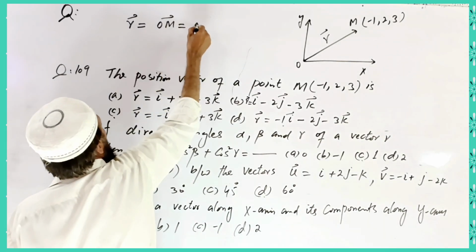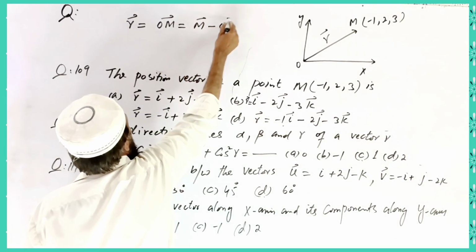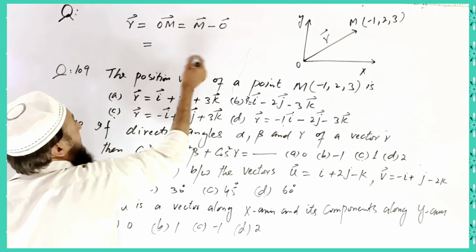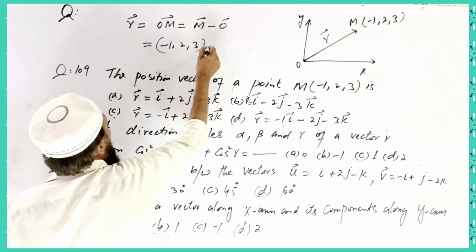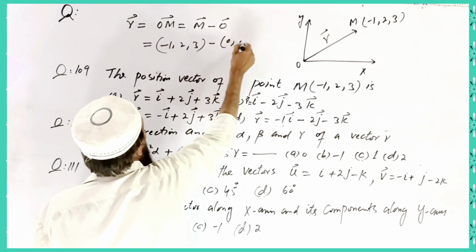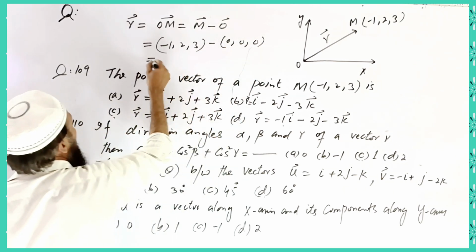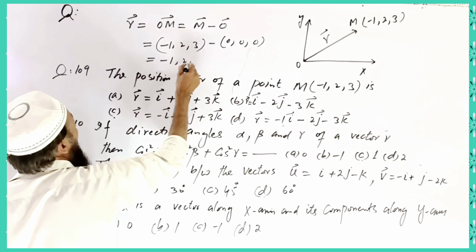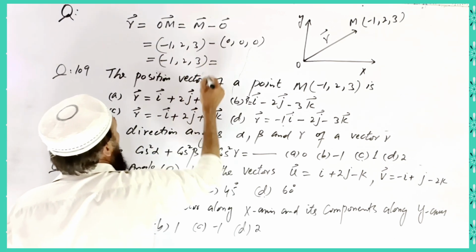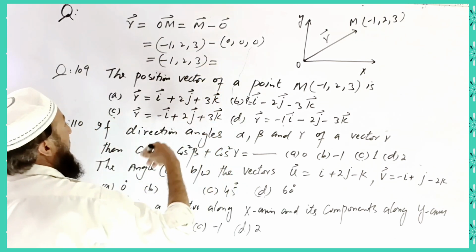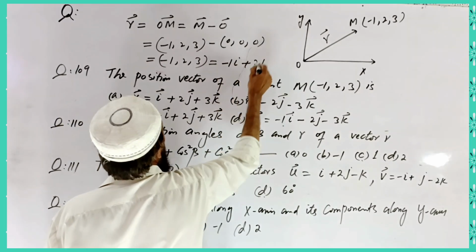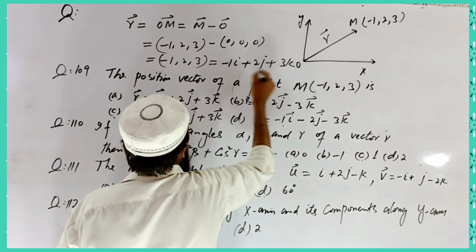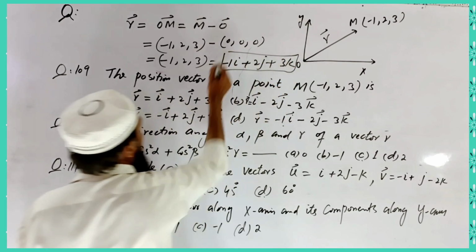So we can write M minus origin. M is equal to -1, 2, 3 and origin is 0, 0 and 0. So we get the answer -1, 2 and 3. Expanding in vector form, -1i plus 2j plus 3k. That is the correct answer.